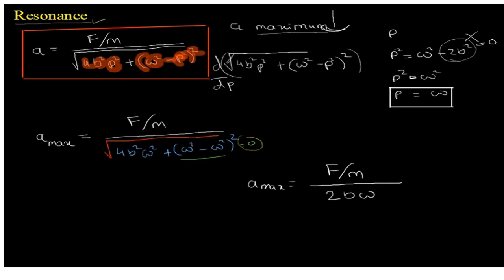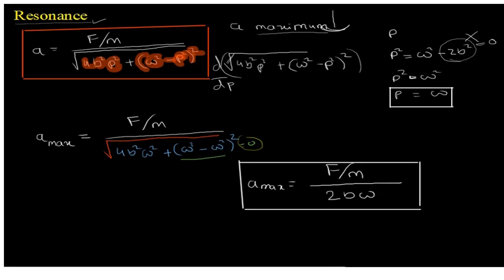This is the equation which we got for the maximum vibrating body. At this moment the frequency of the vibrating body is high, and the situation we call resonance. So what is the definition for resonance?